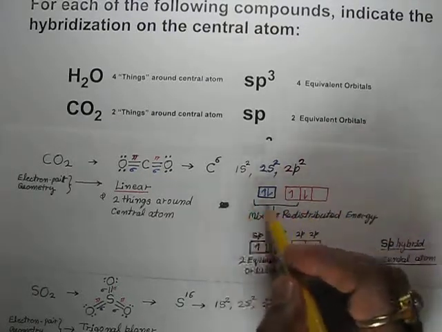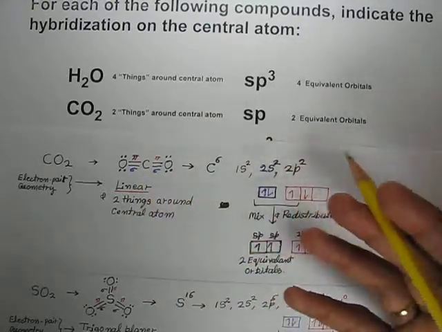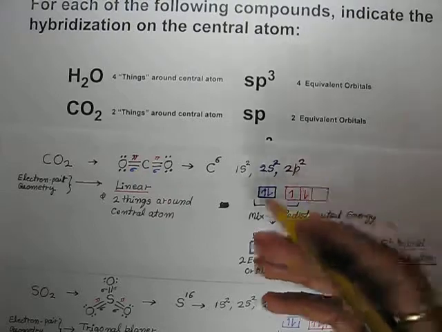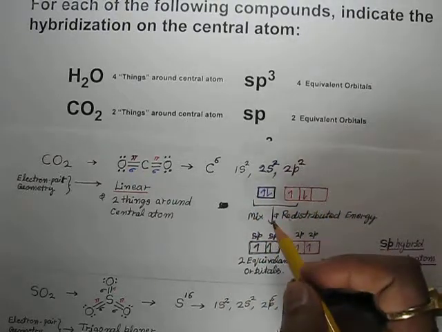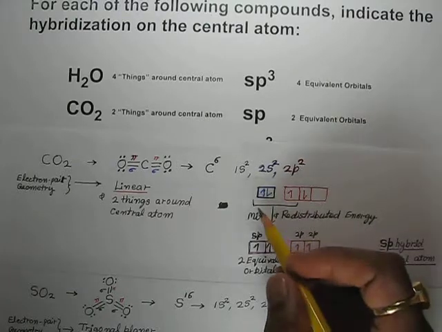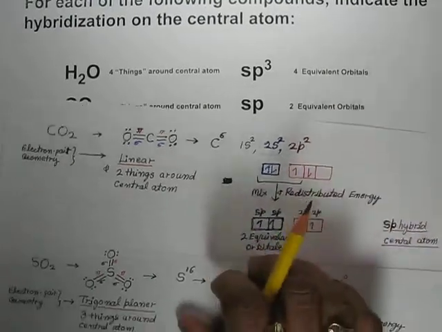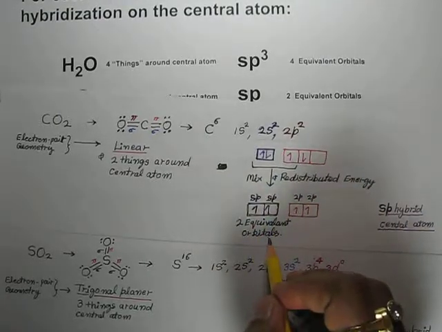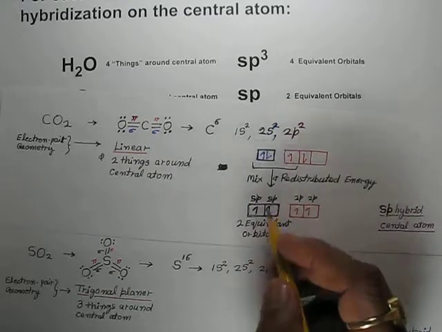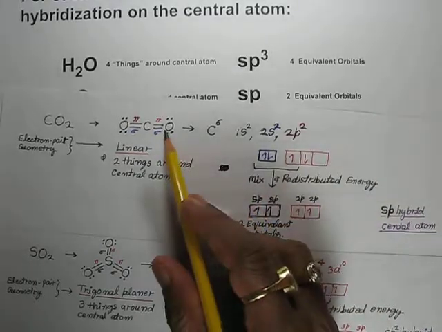What we have to do, basically, is a kind of mathematical operation which atoms do based on quantum theory. They mix these orbitals together and redistribute the energy to make two equivalent orbitals for bonding in carbon dioxide gas.